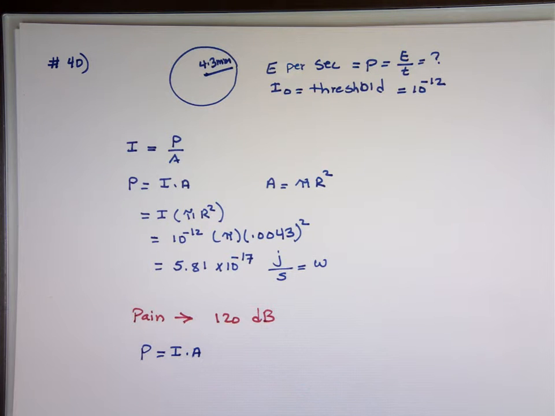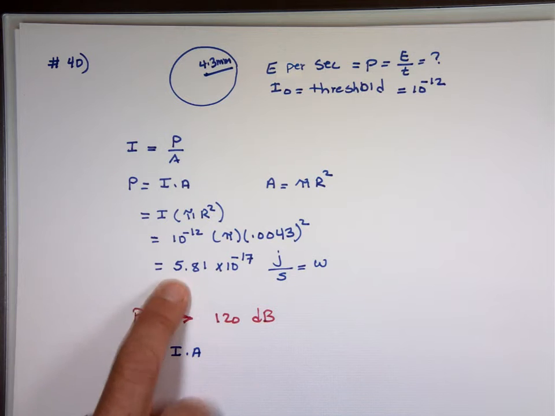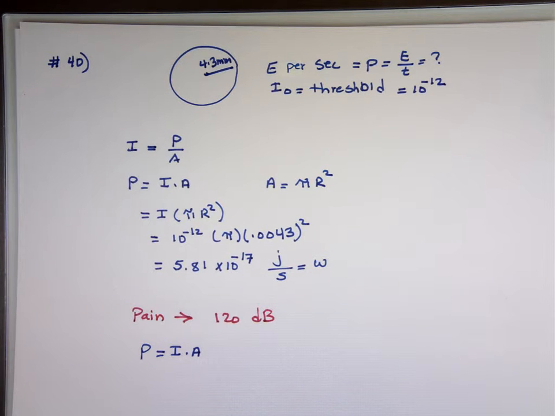So the first one would be 5.8 times 10 to the power of negative 17. Submit in watts. We got it right.